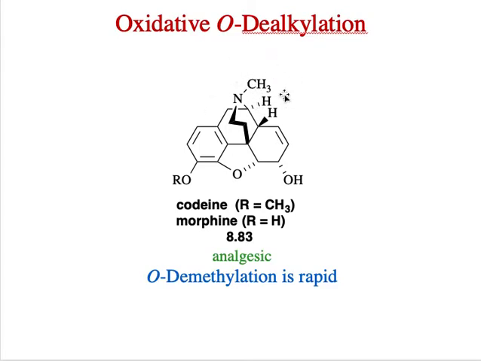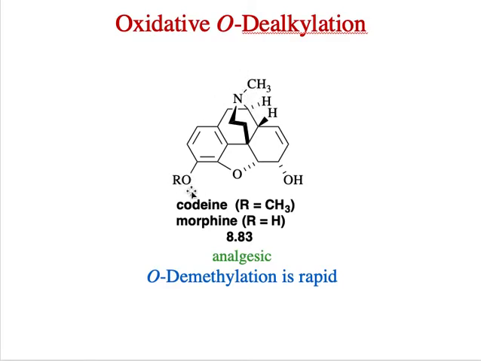Morphine just has the H, so basically codeine is turned into morphine through the dealkylation process. And then if it were heroin, this would be NH and this would be R. This is NCH3 for both codeine and morphine.